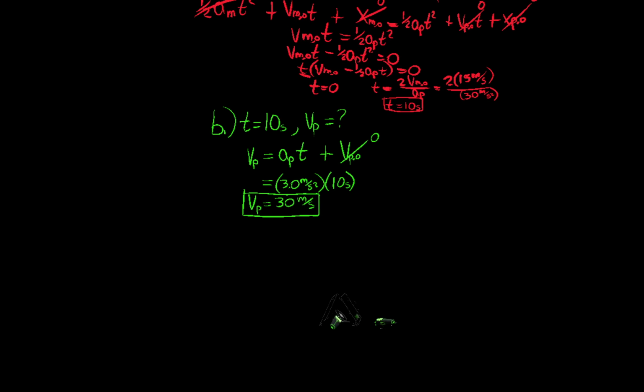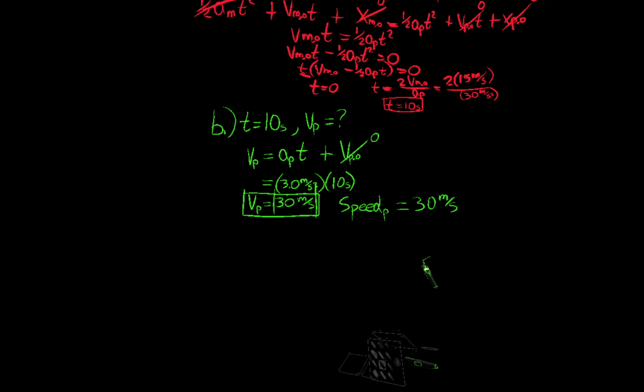So we don't have to think too hard to take the absolute value of this and say that the speed of the police officer, speed sub p, is also equal to 30 meters per second. It's a subtlety, but there is a big difference between velocity and speed.